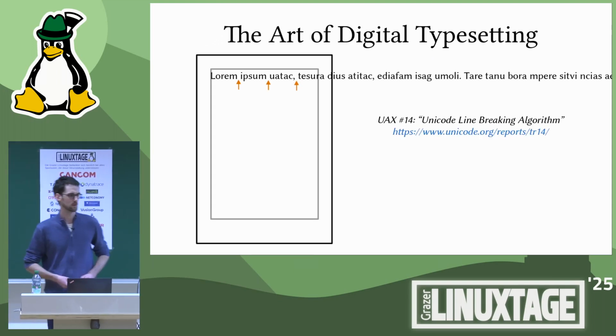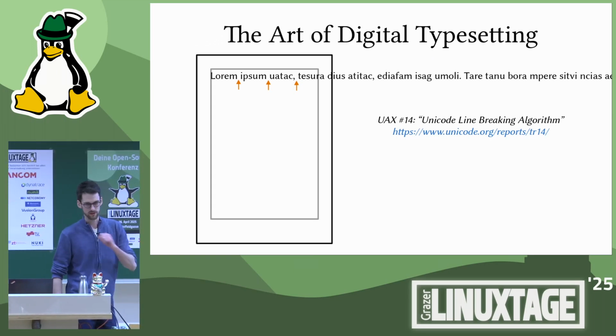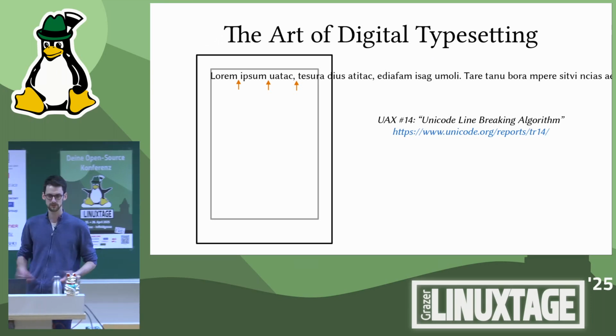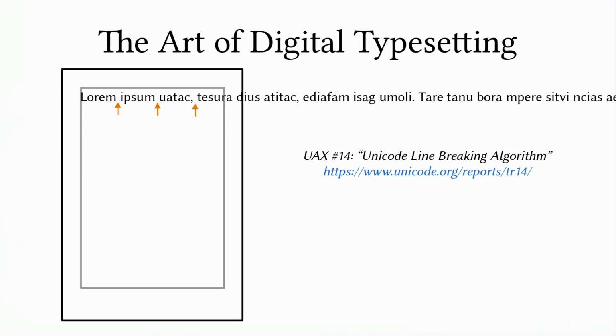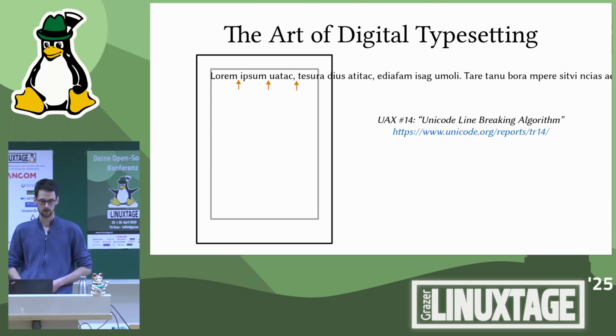What you need to find out is line breaking opportunities. In general, I'm just looking here at the space in between words. These are line breaking opportunities. Why? Because in general, there is a technical report by the Unicode Consortium, number 14, which is titled Unicode Line Breaking Algorithm. It just points out which are good sequences of characters where you have line breaking opportunities.